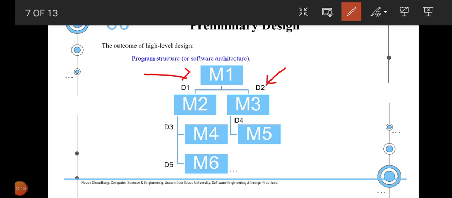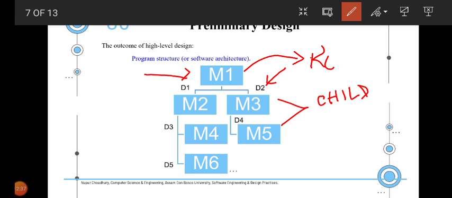So when we look at this, we will see that M1 is essentially the root of the tree and M6 is essentially the leaf of that particular tree, and all of them are the child nodes. So this is like a tree like representation where M1 is the root as mentioned and M6 is the leaf.